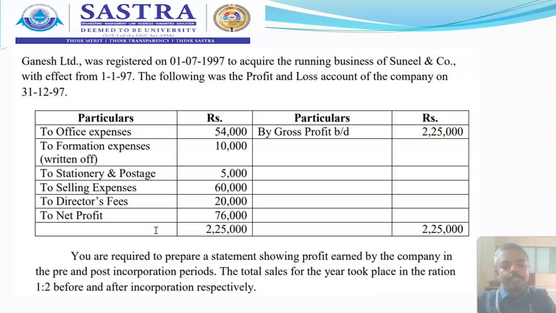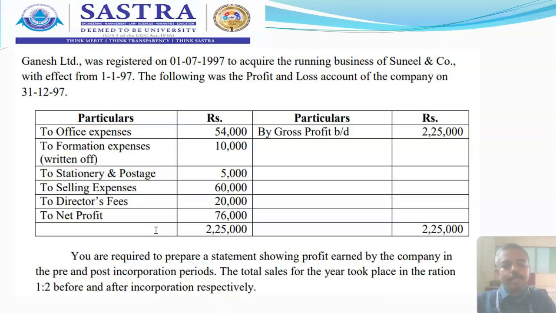First we need to start from the trading account, but here the trading account is not given, whereas they have given the result of the trading account as gross profit, that is 2,25,000.